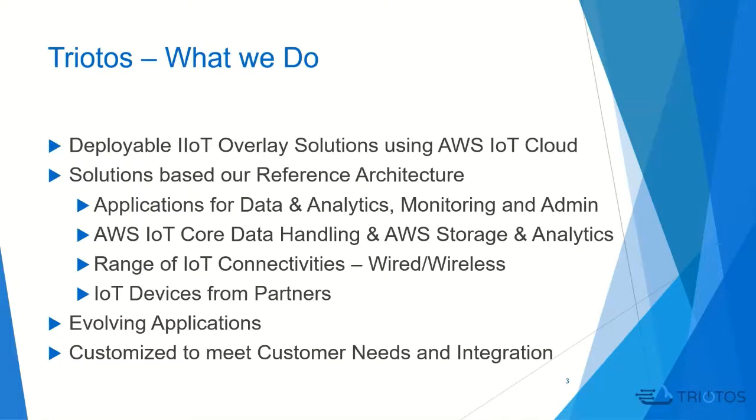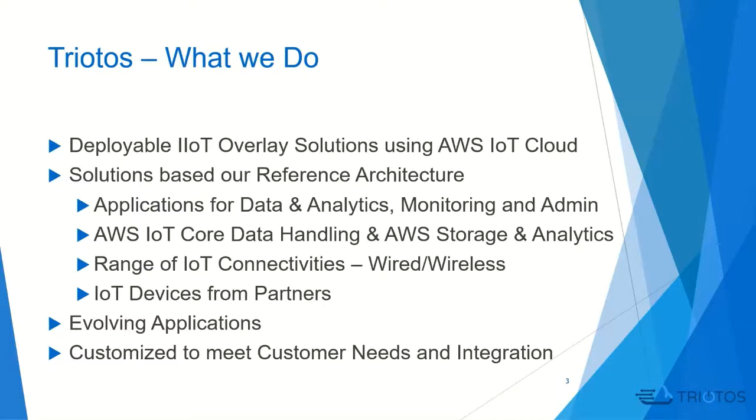Everything we do is based on the AWS IoT Core data handling platform, which has extensive distributed capabilities for data handling, security, device authentication, and also things like Lambda functions and machine learning, which you can implement in the cloud, or in gateways if need be.